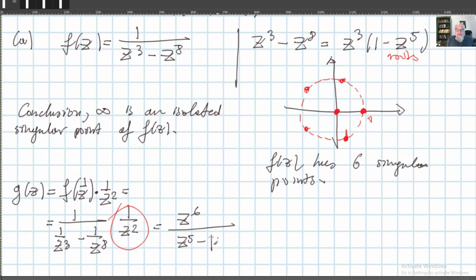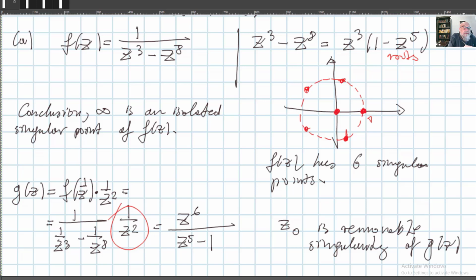expression. So you notice here that z0 equals 0 is not a singular point. Basically, you notice here that z0 is a removable singularity of g of z.